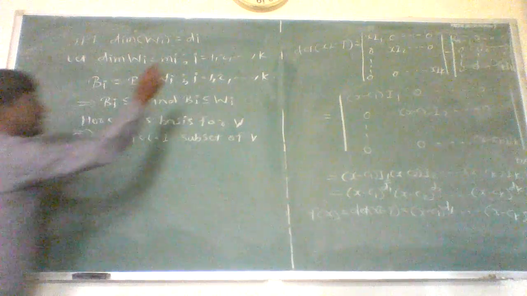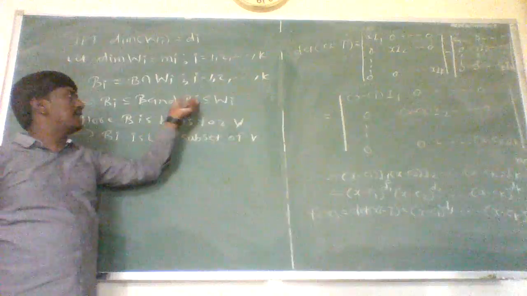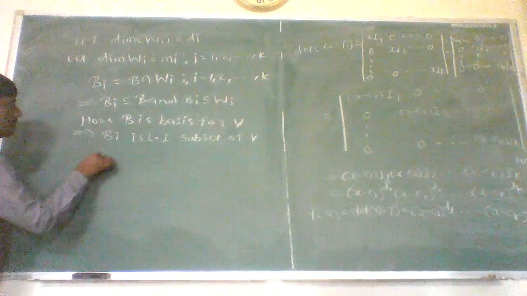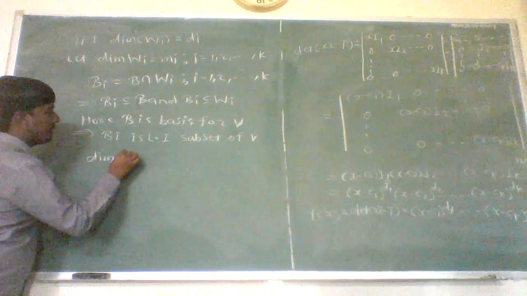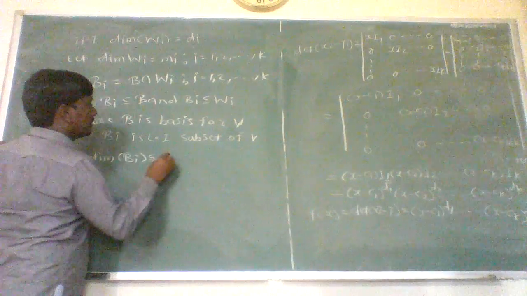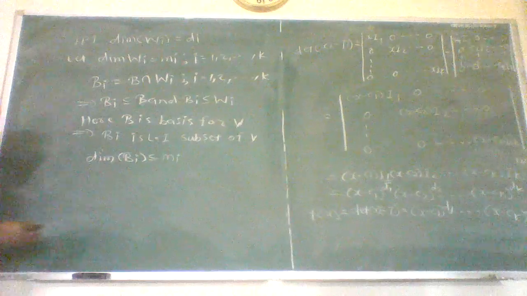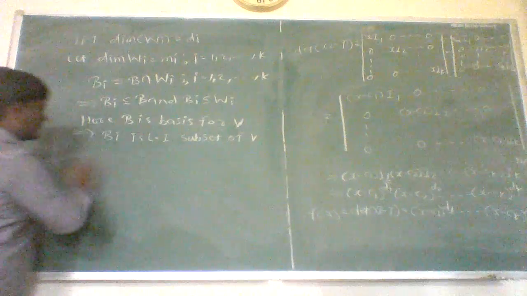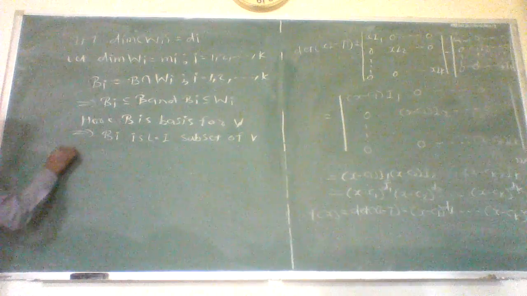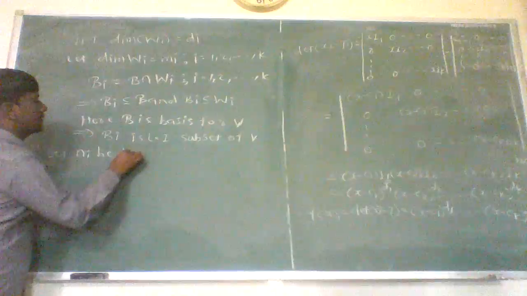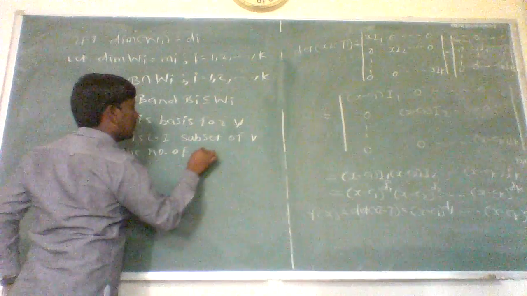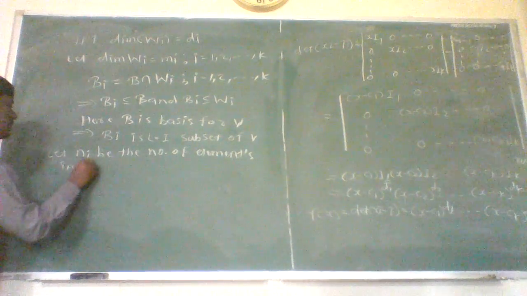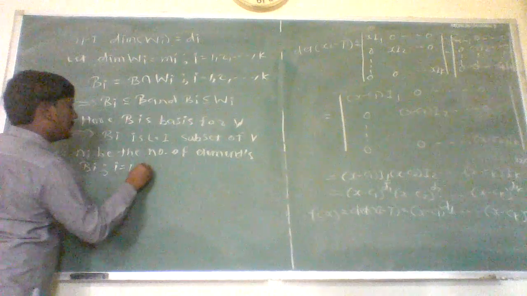And here Bi is a subset of Wi, so the dimension of Bi is less than or equal to the dimension of Wi, and the dimension of Wi we consider mi. Therefore the dimension of curly Bi is less than or equal to mi. Let ni be the number of elements in curly Bi, whenever i is running from 1 to k.